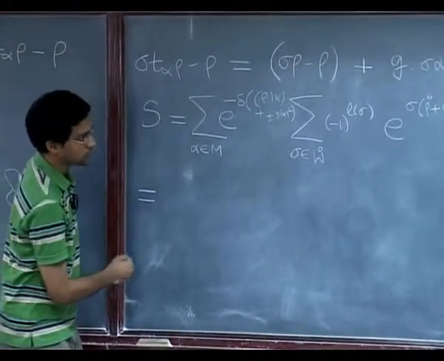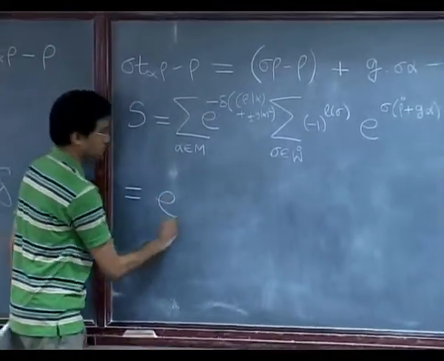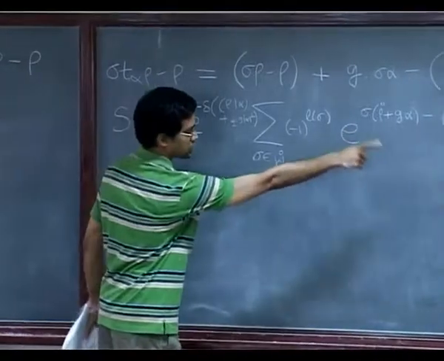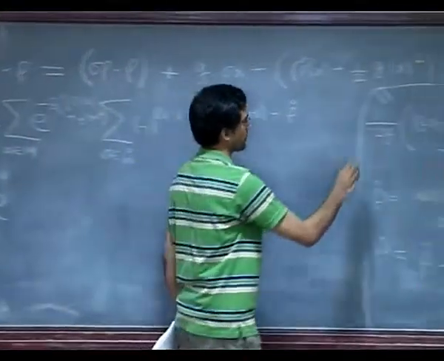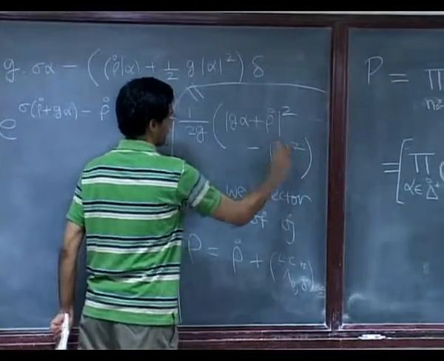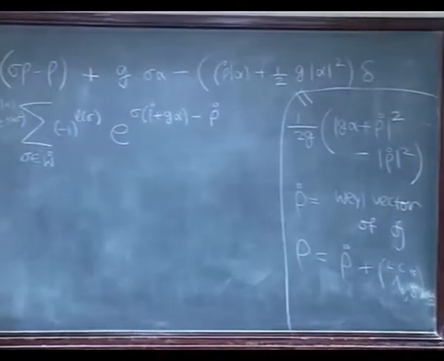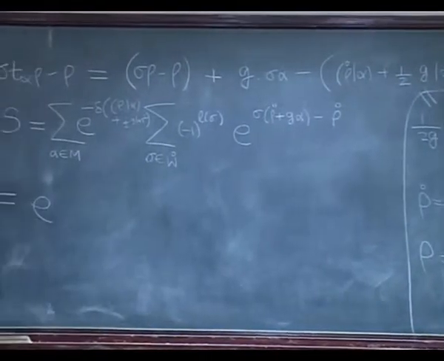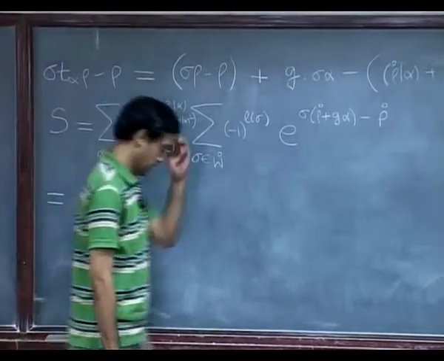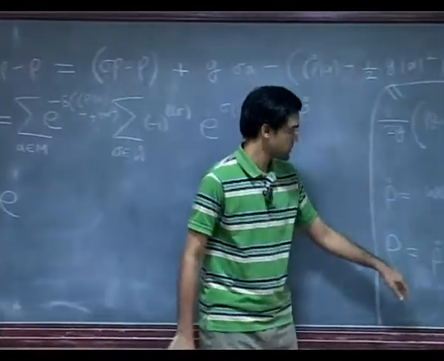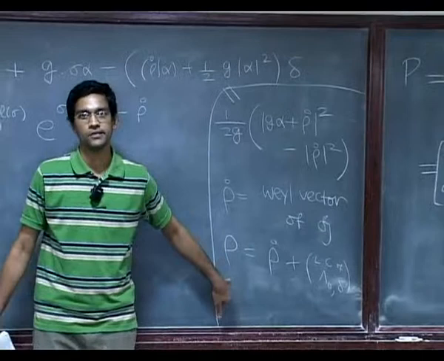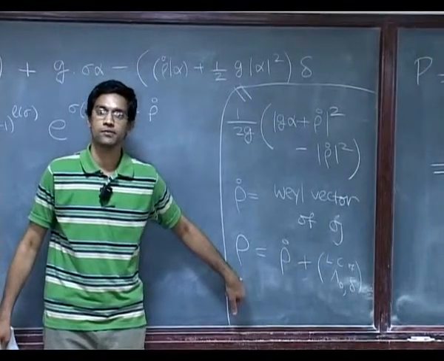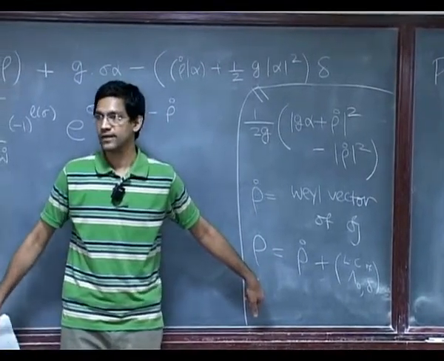This final expression becomes e to the, let's see, I had a minus rho square by 2g, which of course I can now make rho dot square everywhere. Can we choose such a rho? Any rho satisfies this, good question. Because how is rho defined? It is an element which is 1 on all the alpha i checks.